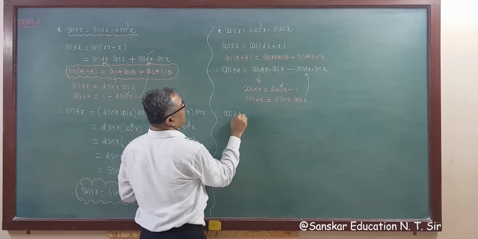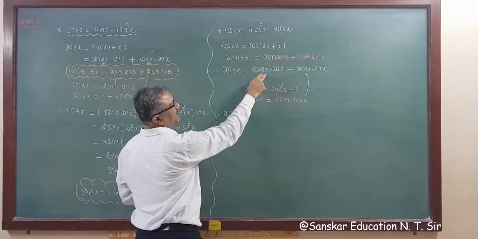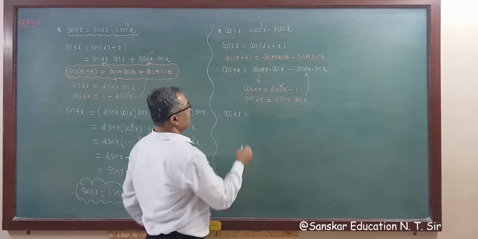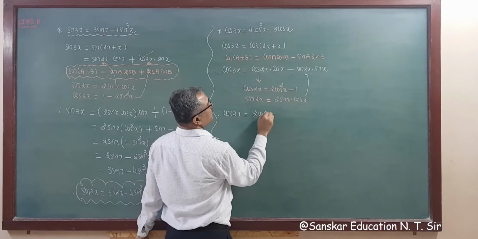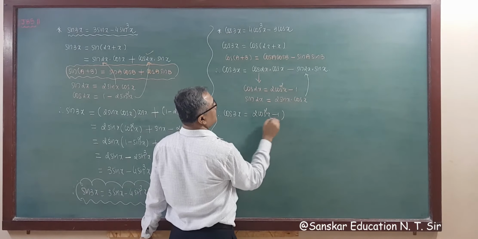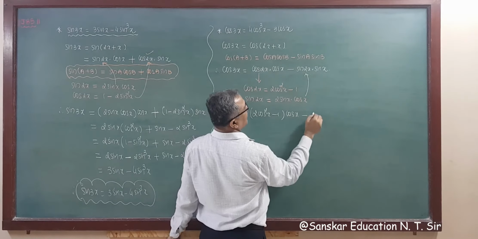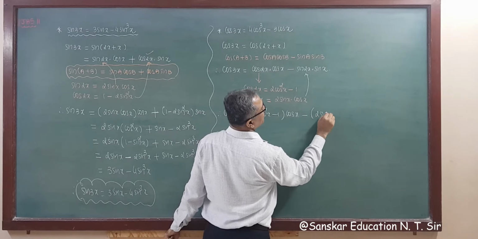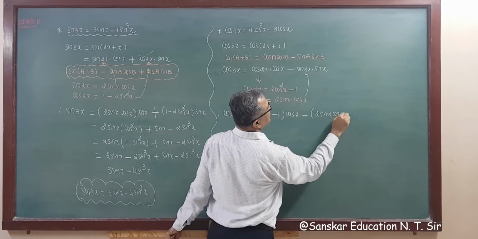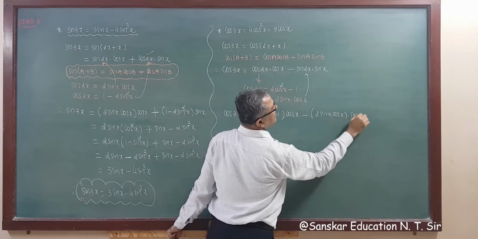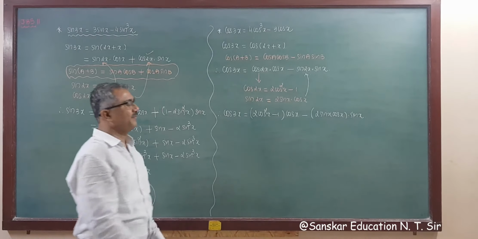Cos 3x is equal to, instead of cos 2x, 2 cos square x minus 1, into cos x, minus sin 2x, which is 2 sin x cos x, into sin x, right?